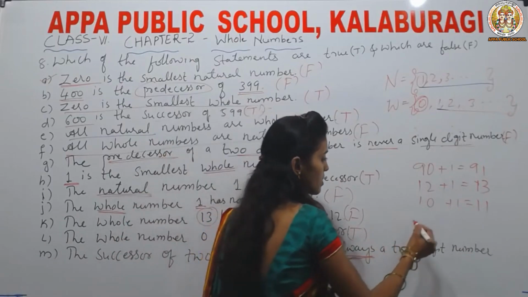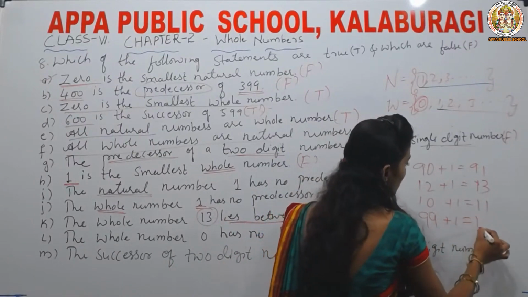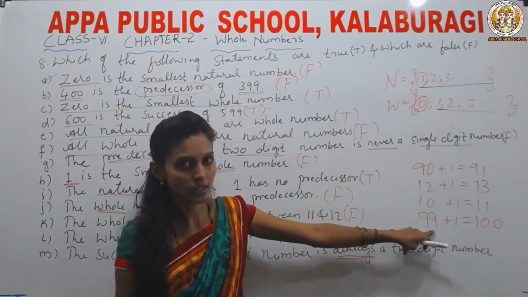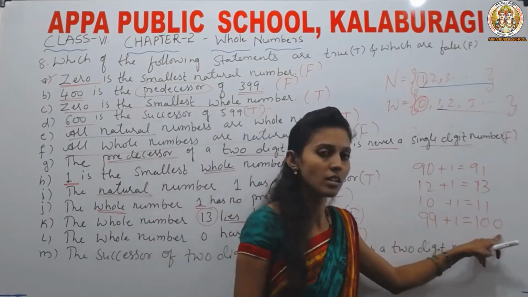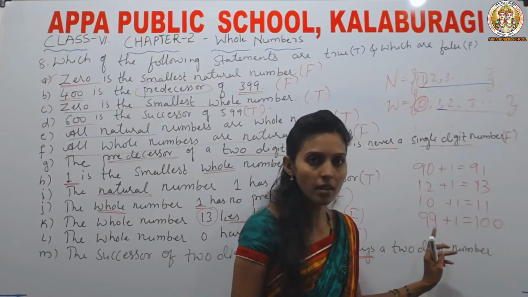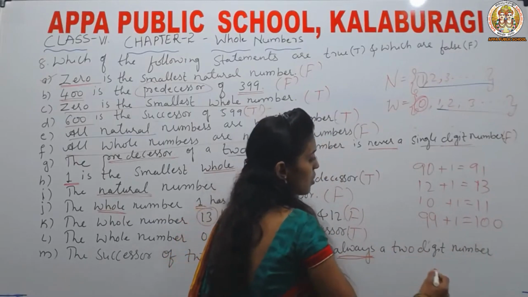Always means in every case it must be like this. But here, see, 99 is a 2-digit number and its successor is a 3-digit number. So therefore it is false.